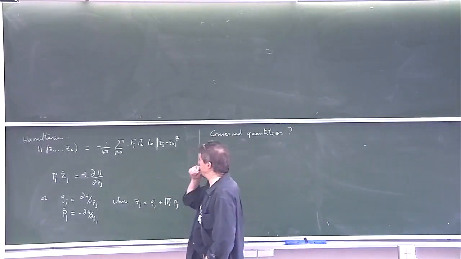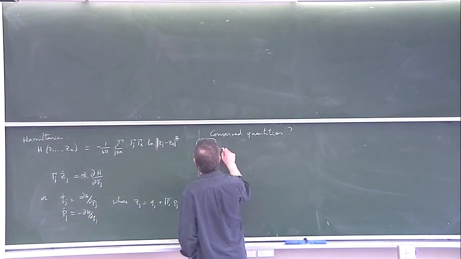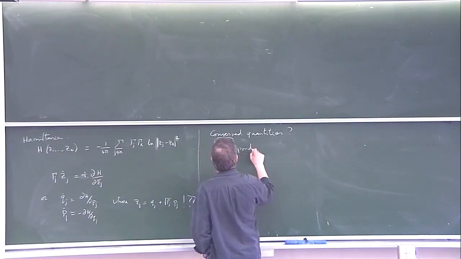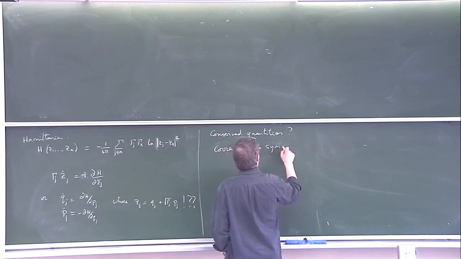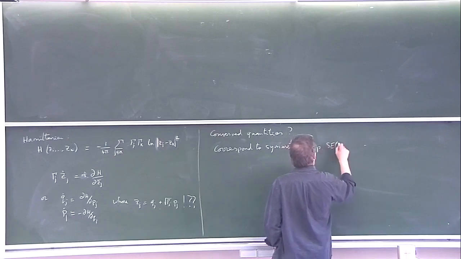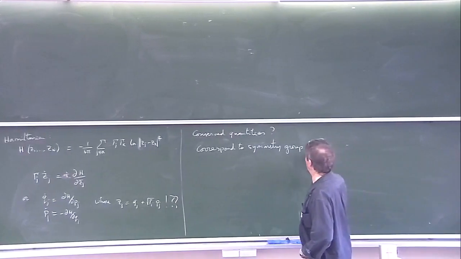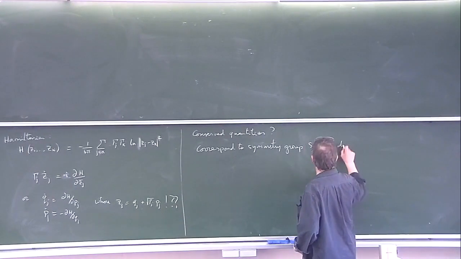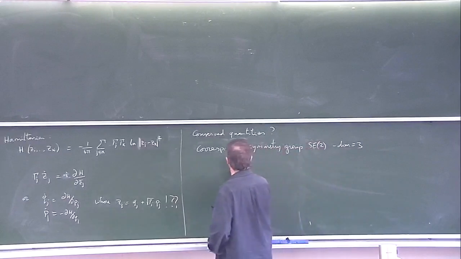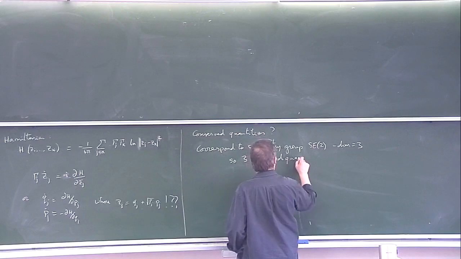They can also be derived using symplectic geometry because they correspond to the symmetry group SE2, the Euclidean group, translations and rotations in the plane, which has dimension 3. And by Noether's theorem, there are 3 conserved quantities.